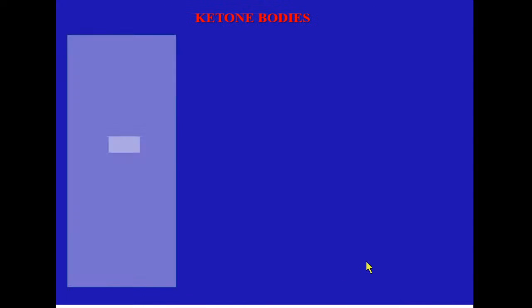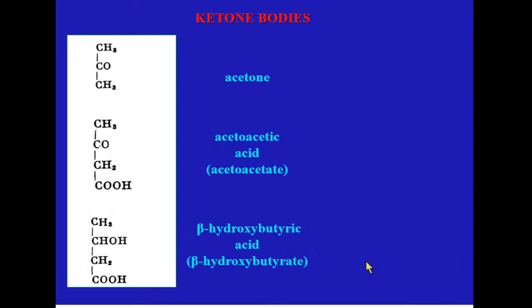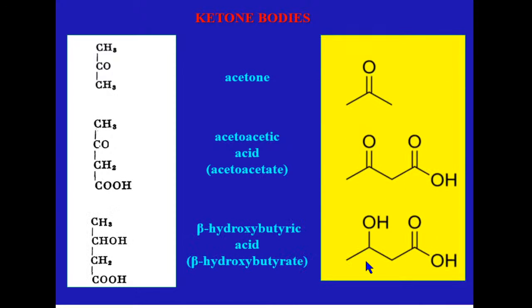At first, what are ketone bodies? These are special small molecules that are synthesized in the liver from acetyl-CoA, and let's write their names and small formulas.